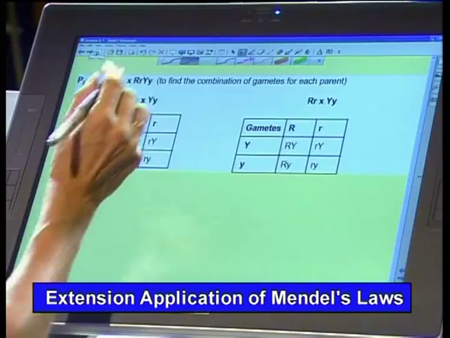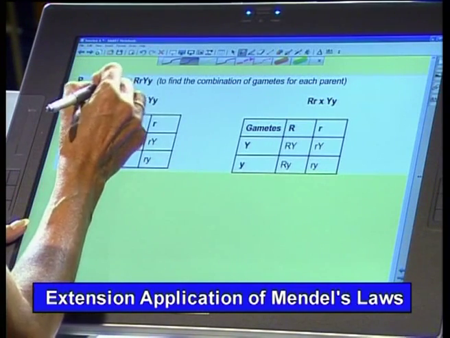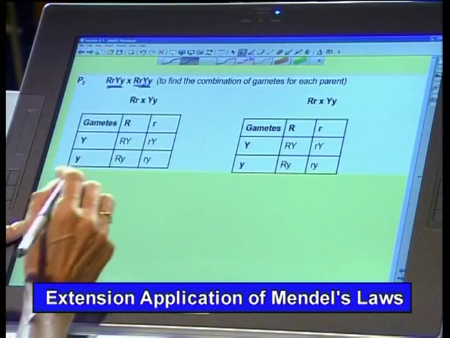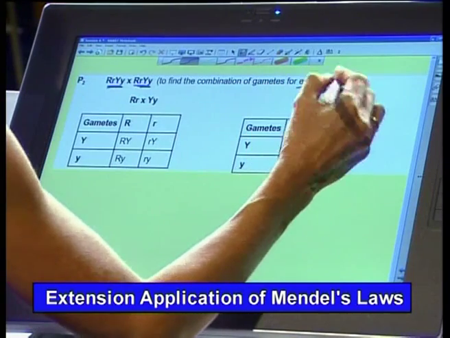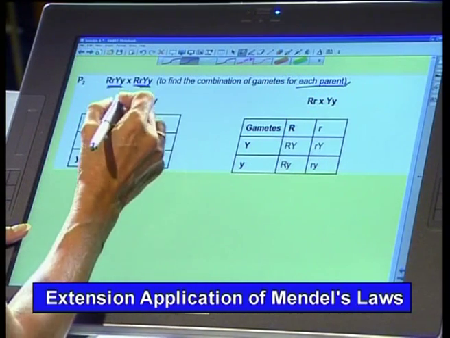The fun part comes in now when we cross the offspring and the F1 generation becomes P2, the second parent generation. And here we have our fun and games. Now we go to P2 and we say there's our heterozygous male and our heterozygous female, and we are now going to first find the gametes that each of the parents are going to have.